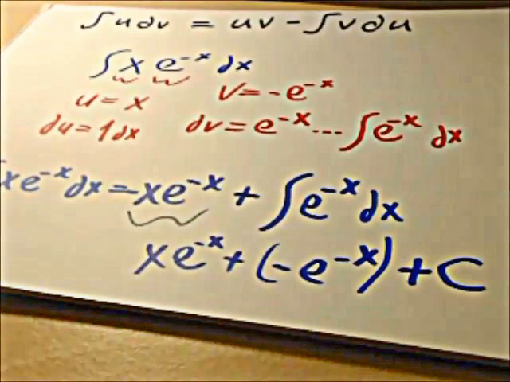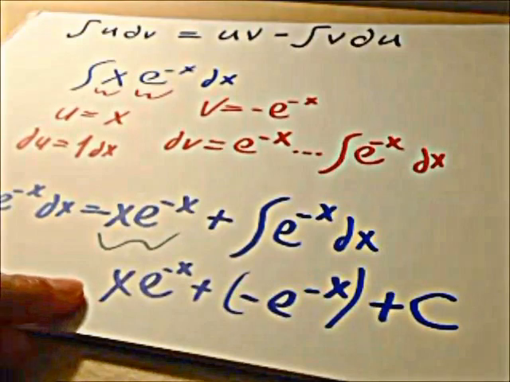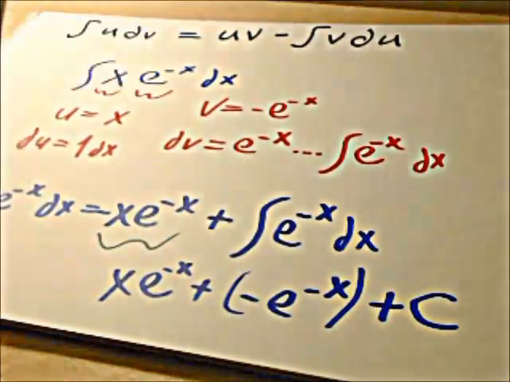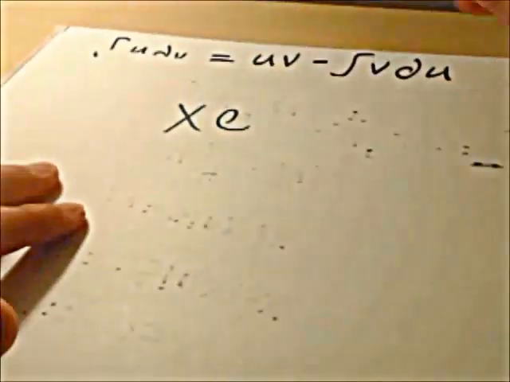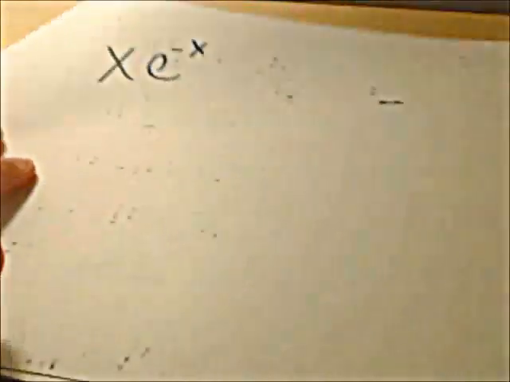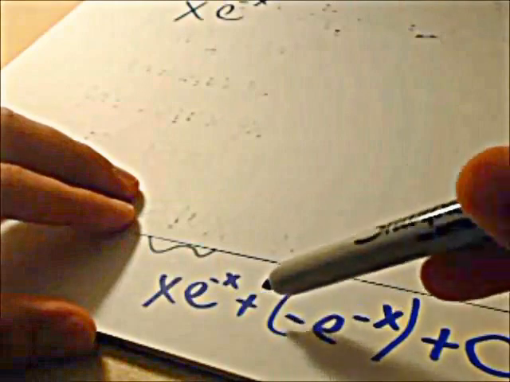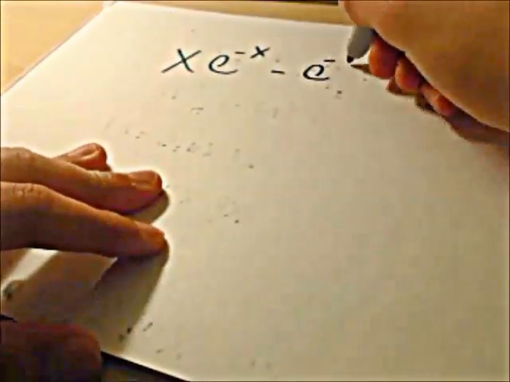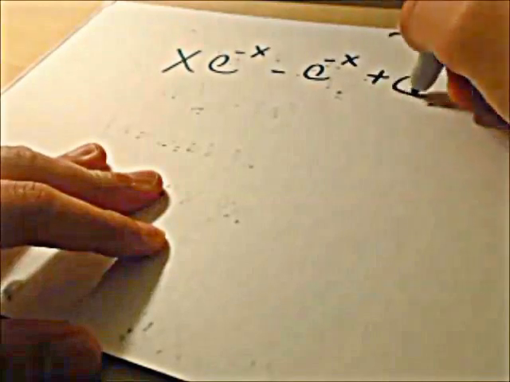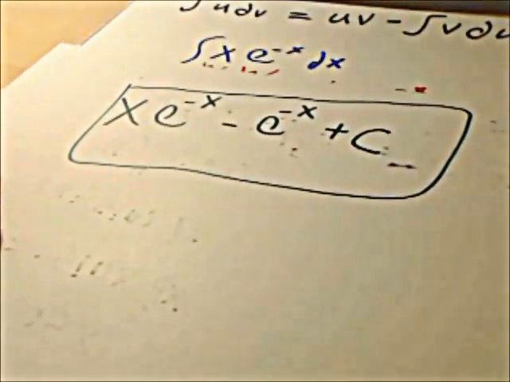So yeah, that's our integral. If you want to write it down, let's try a new paper here, just to tidy this up. So I'm just going to put the minus out here. It's going to be minus x e to the power minus x minus e to the power minus x plus c. And that's the final version of our integral.